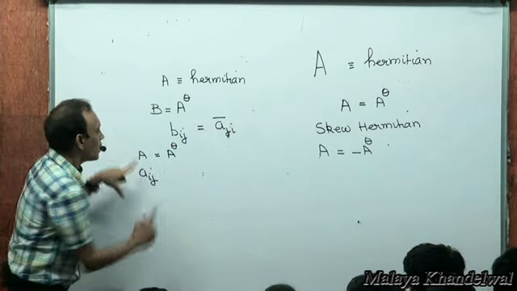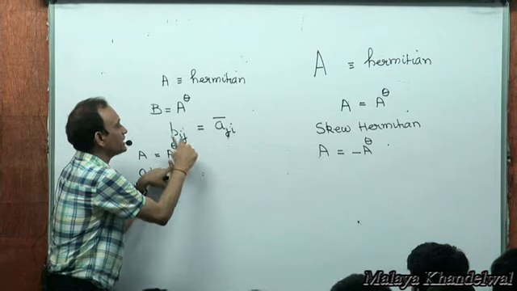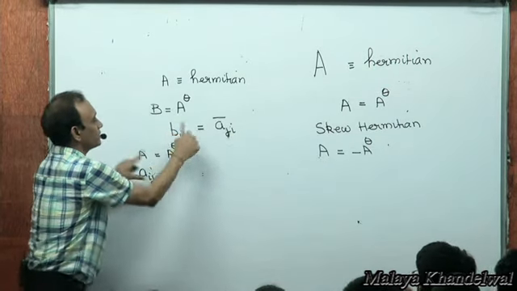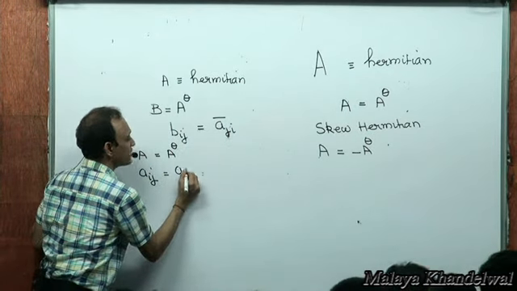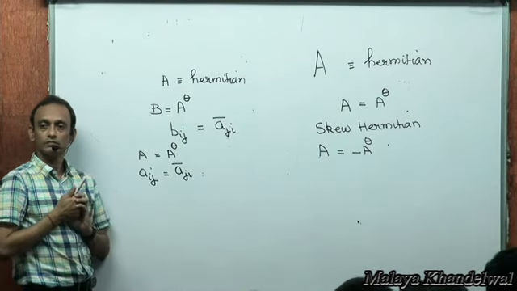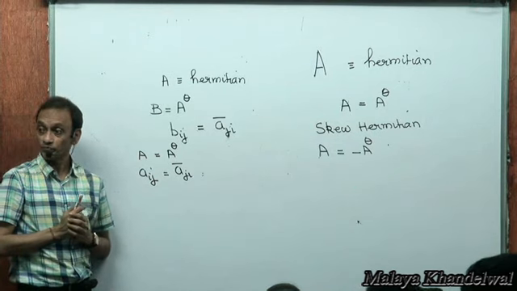Yes or no? A theta is B. What is the ijth element of B? AJI bar. So Bij is AJI conjugate. Right? Yes or no?